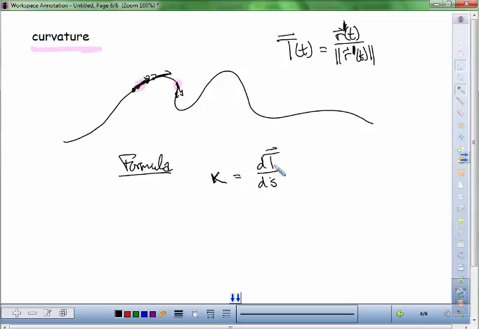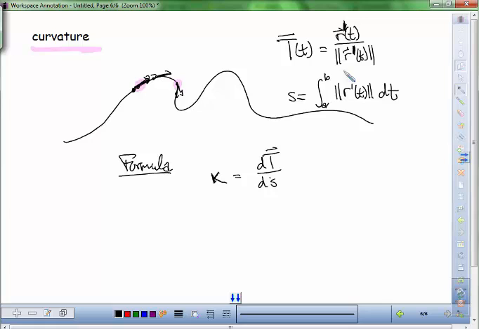So using s as an independent variable is kind of strange because we just talked about it. But what is s equal to again? Do you remember? It's the integral of the magnitude of r prime of t dt from a to b.